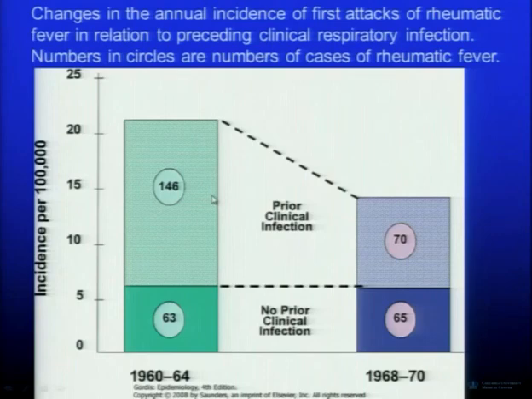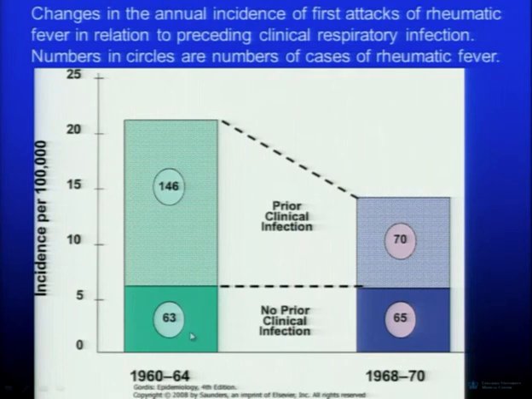So the question is, well, was it really related to the first infection? What they did here is they looked at how many of these incidents of rheumatic fever actually came from someone that had a prior clinical infection. If our program is trying to treat someone with a sore throat to make sure they don't go on to rheumatic fever, then we would want to see what they actually saw here.